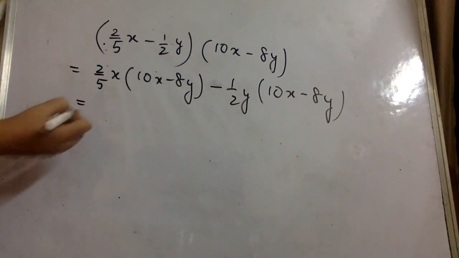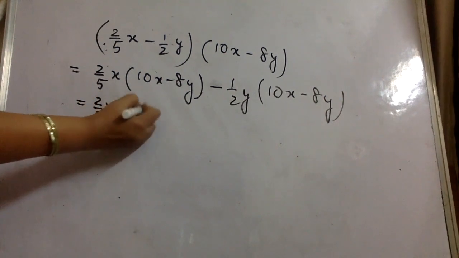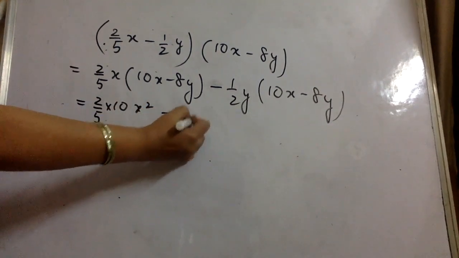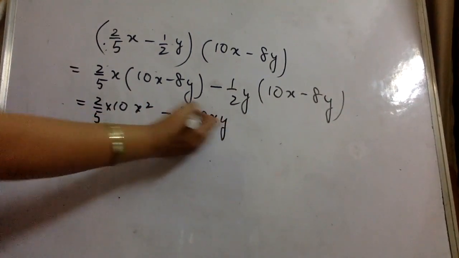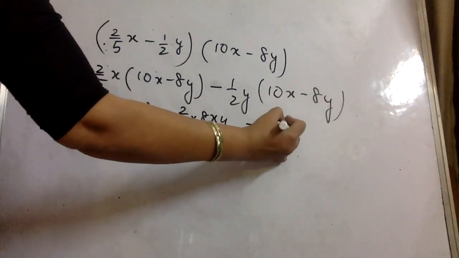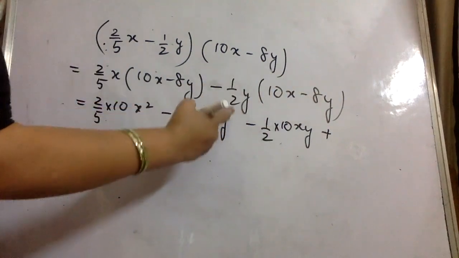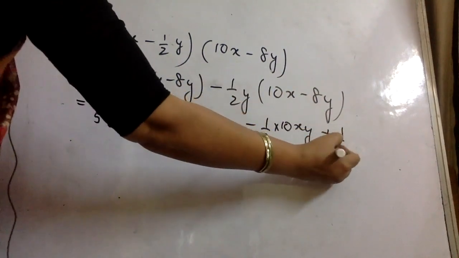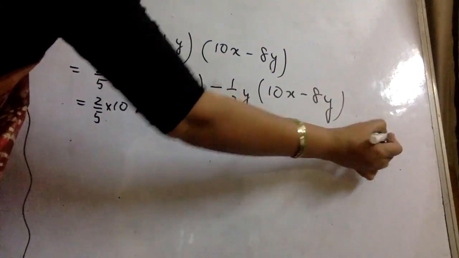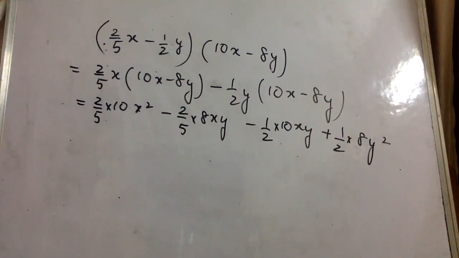So now 2 by 5 into 10x square minus 2 by 5 into 8xy, that is for these two, minus half into 10xy plus, minus into minus is plus, plus half into 8y square. This I got minus because minus with plus gives minus. So everywhere we are following the sign system.